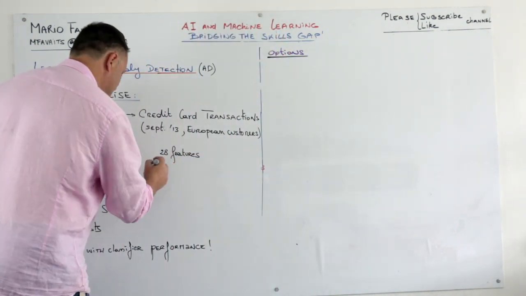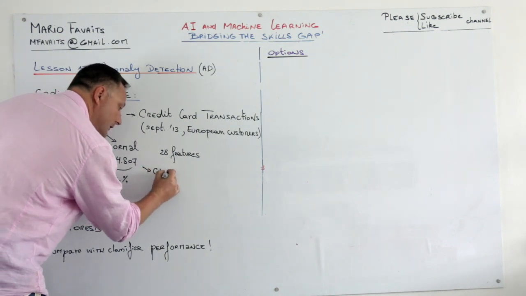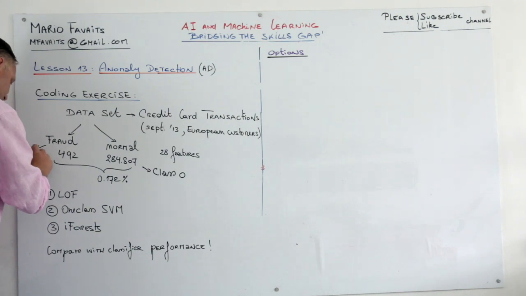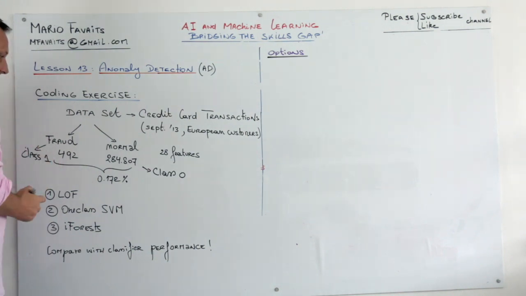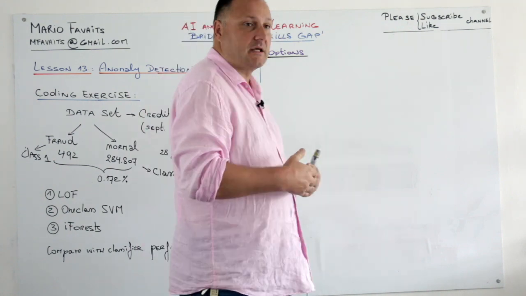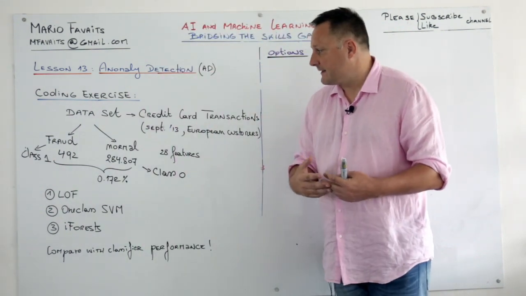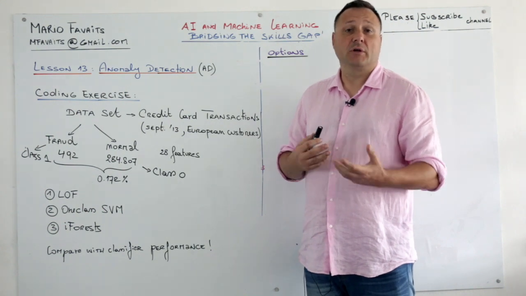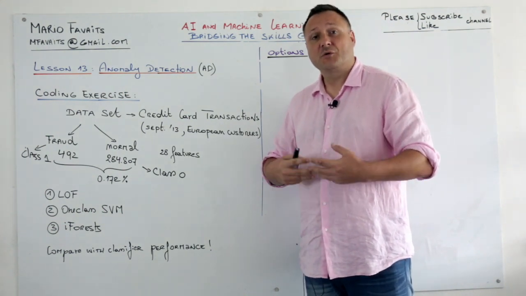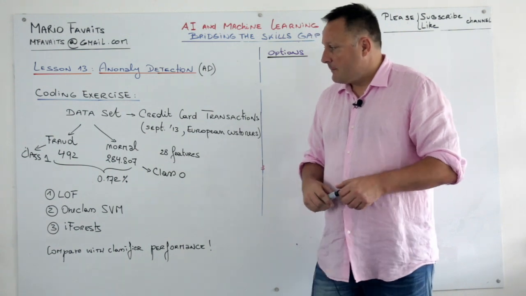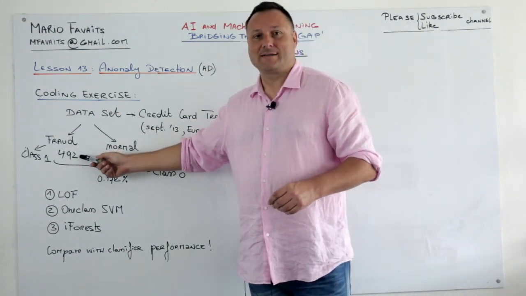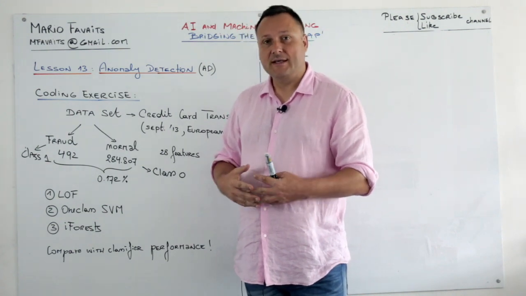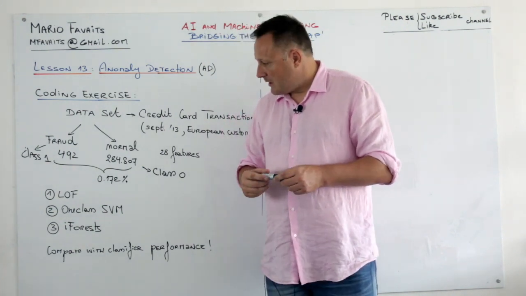So this would be class 0, and this is class 1. And that's exactly what we wanted, because our theory said that in this case you'll get better results with anomaly detection versus traditional classification, mainly because there's not enough training samples to train on. So it's something that we will try to see in the coding session.